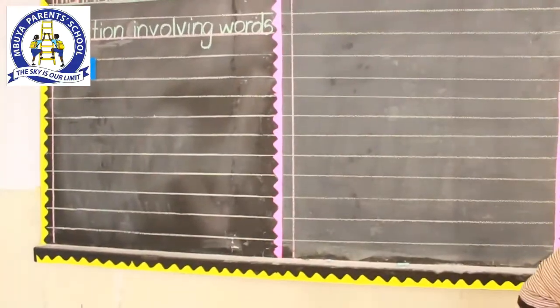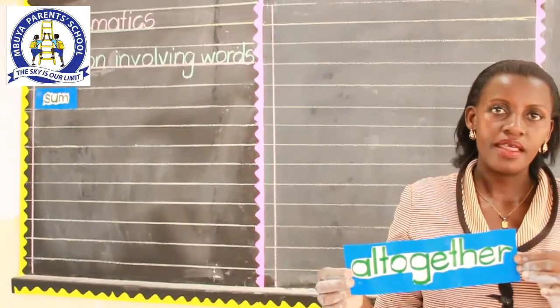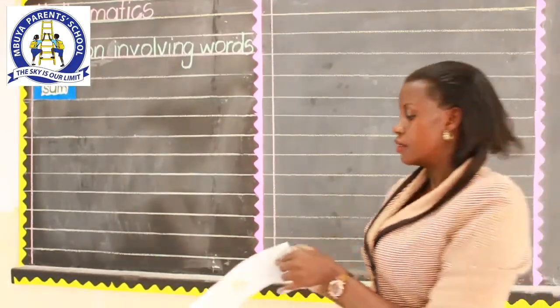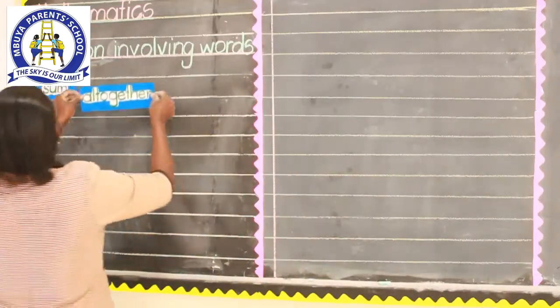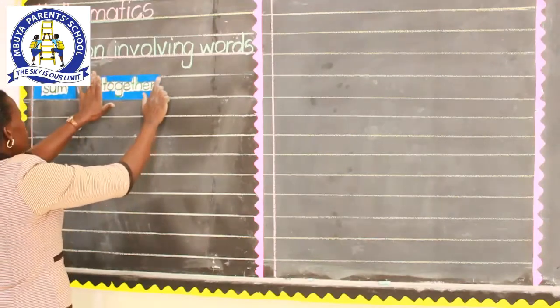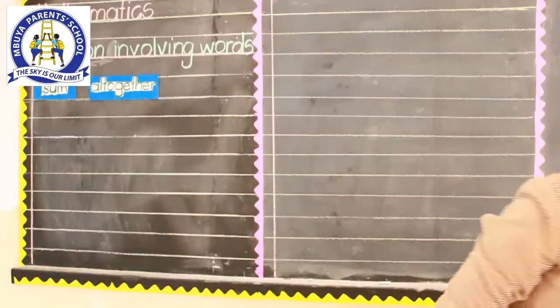Still in addition, we also use this word, all together. Good. The word all together can also be used to mean addition. Okay, still in addition, we can use this word.